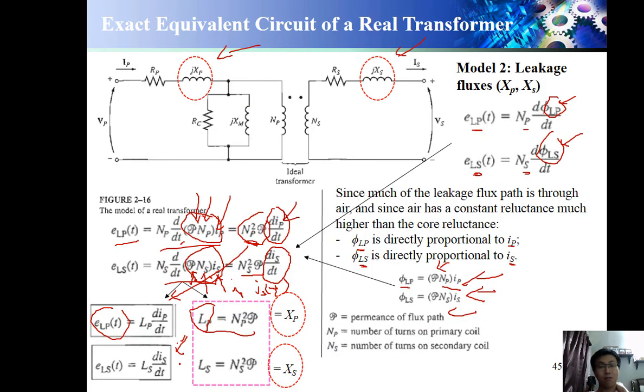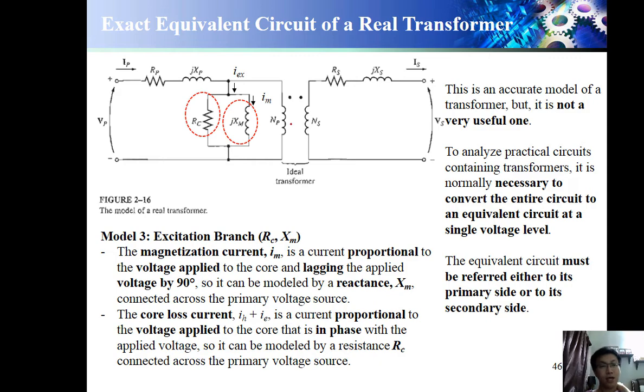Next, this is model number 2, where we include the leakage flux XP and jXS. Next, I need to consider the excitation branch. So the magnetizing current is a current proportional to the voltage applied to the core.